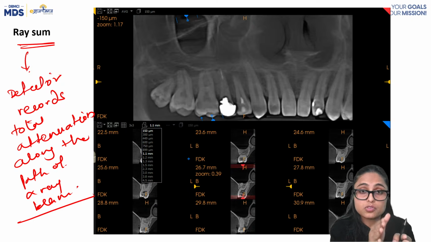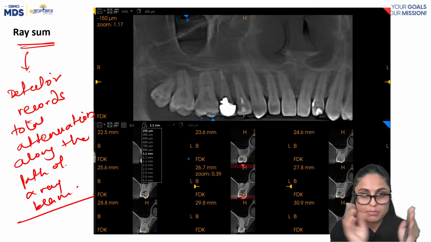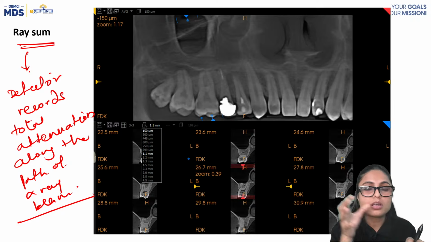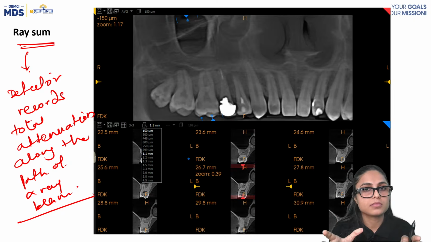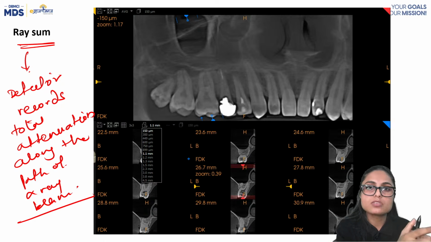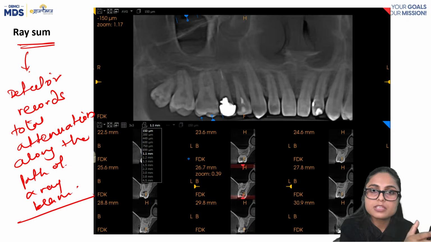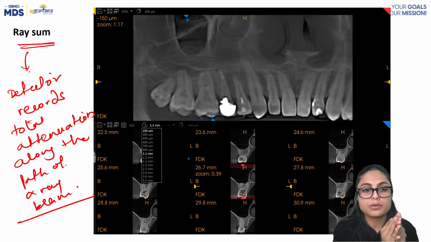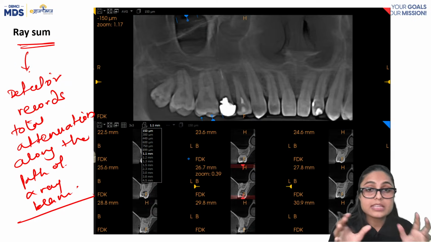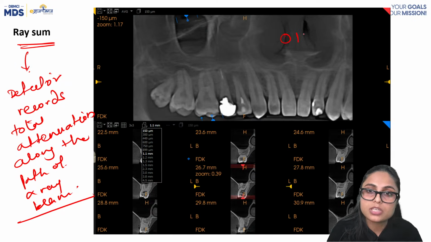So the detector in the CBCT machine detects the total blocking of the X-ray beam, how much X-ray has been blocked by the hard tissue. Then it measures all the blocking and gives us the final image. That is called ray sum. And this image looks like an OPG.